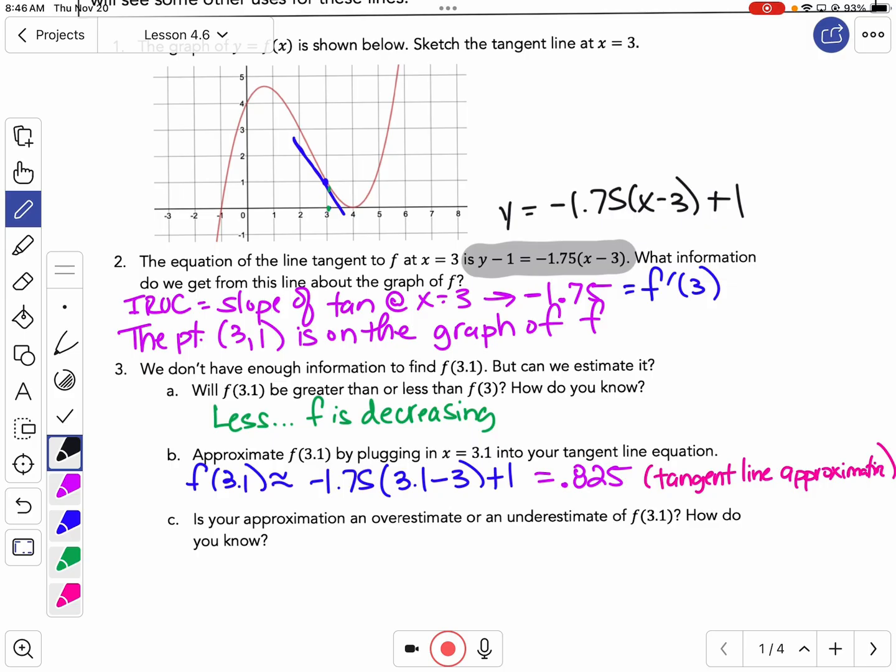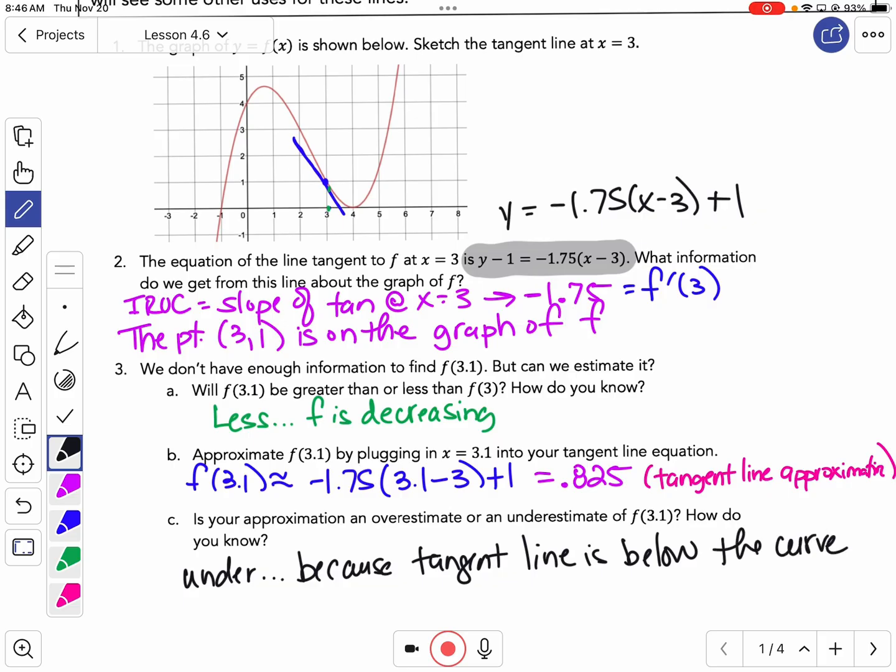Yeah, that line's below my curve, right? So it would be an under approximation because our tangent line is below our curve. Okay. All right, cool. Let's look at the next 3 questions.